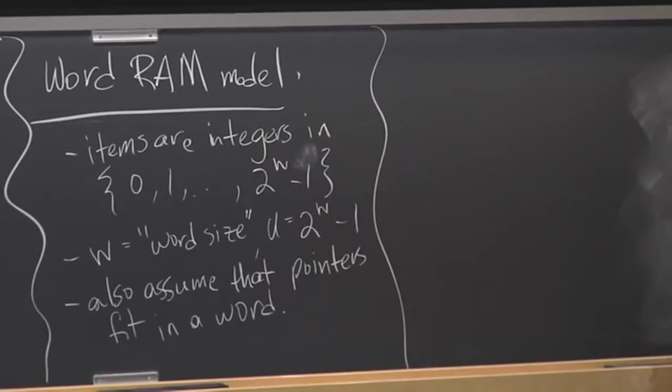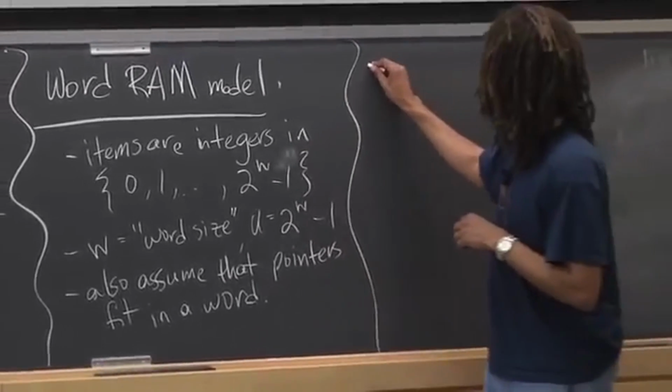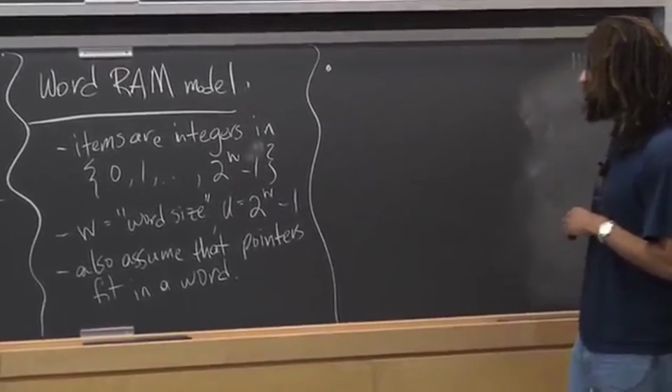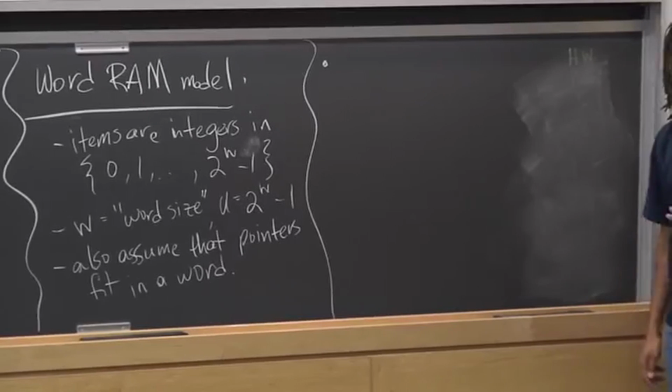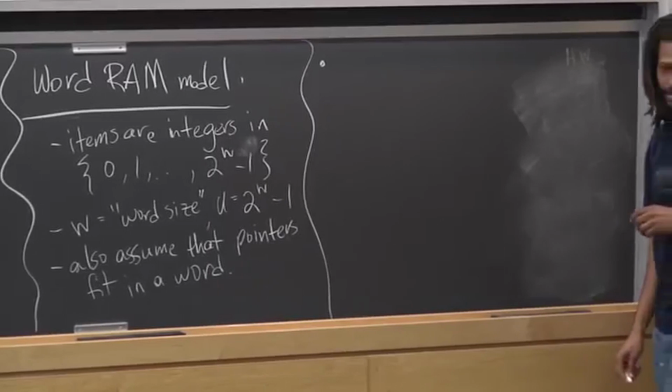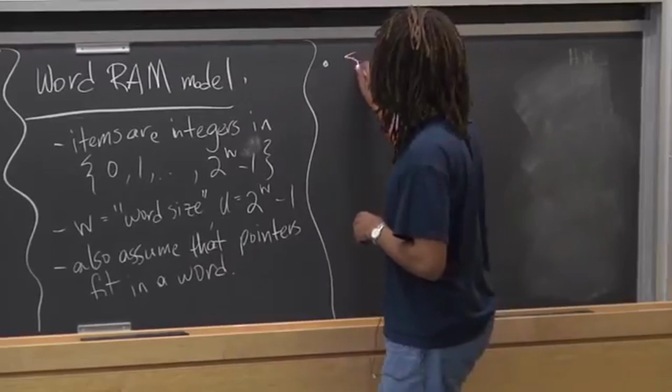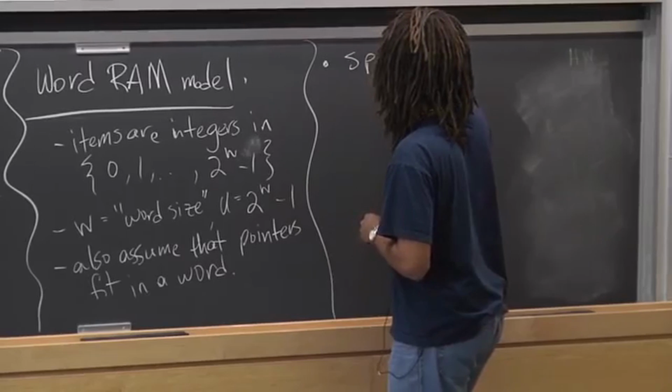For the last assumption, if you have a data structure that's storing n items, presumably your data structure is using at least n space to even remember what the items were, right? So we know that space is at least n.